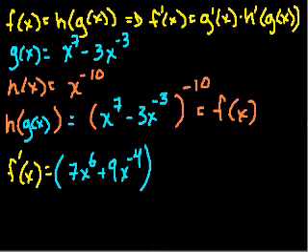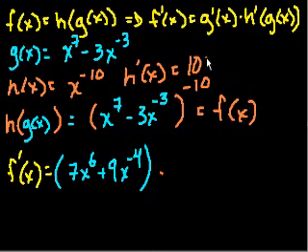And then times h prime of g of x. Well, what's h prime of x? H prime of x is just minus 10 times x to the minus 11, right? But we want to do h prime of g of x. So instead of having an x here, we're going to substitute that x with the entire g of x expression.